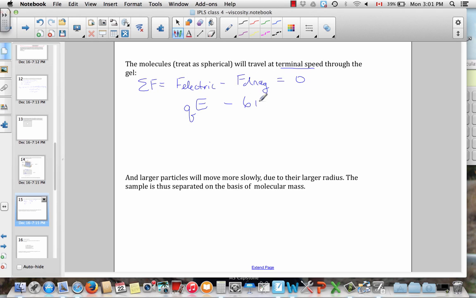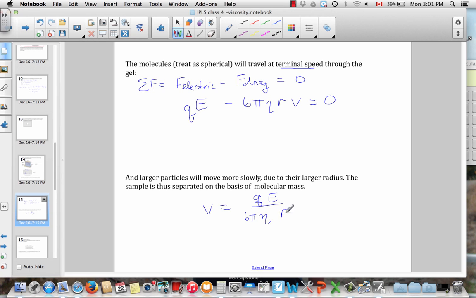But the drag force actually varies depending on the radius and the speed. So if we solve this then for the speed, you'll bring the QE over to the other side, and then you'll divide by 6 pi eta r.